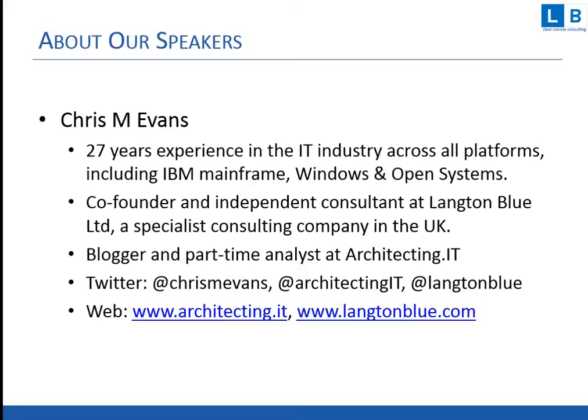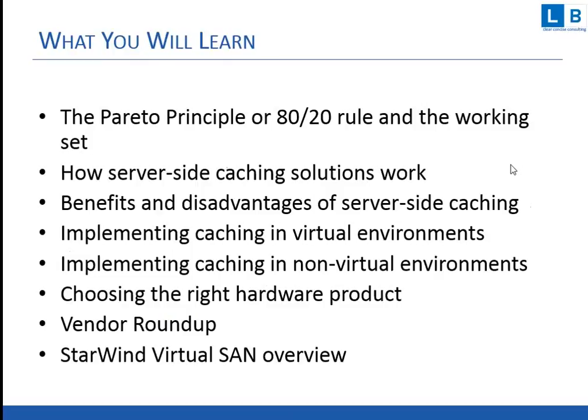Okay, if you could move forward, Max, and we'll go through the agenda of what we're going to talk about today. Over the course of this presentation, first of all, we'll talk about the Pareto principle, or what a lot of us know as the 80-20 rule, and how that relates to the data on our servers and our systems. We'll then talk about server-side caching and how it works, and some of the benefits and disadvantages of this technology.